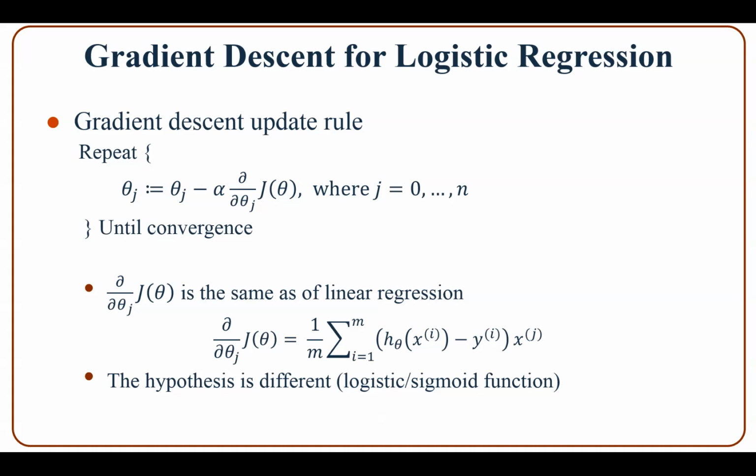So from there we get to the gradient descent for logistic regression. Just by looking at this, you can see the algorithm is very much the same as in the case of linear regression. The only difference is the hypothesis, because here we have the logistic or sigmoid function.